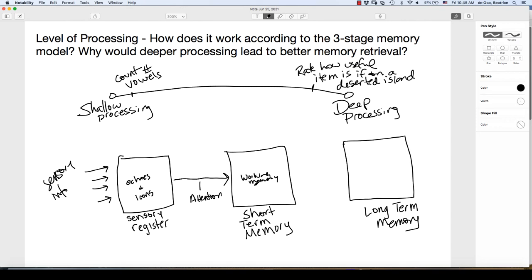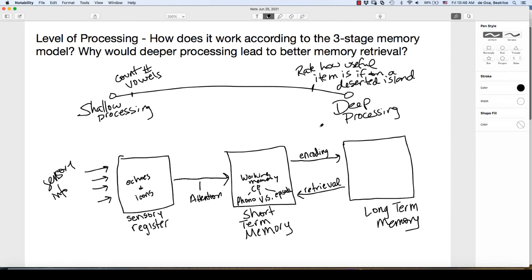And remember, that includes the central executive, which controls the phonological loop, the visual spatial sketchpad, and an episodic buffer. We process things here. We may be able to encode them into long-term memory and then retrieve them later on.